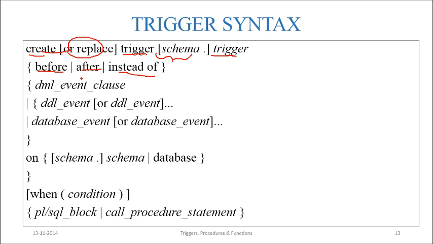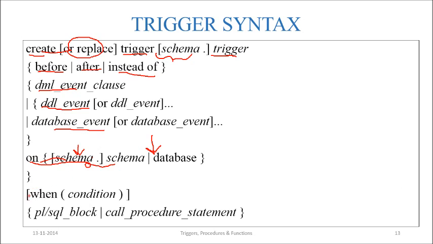Then comes the type of database related event, whether it is a DML event, that is insert, delete or update, or a DDL event, that is create or drop, or a database event, that is login or logoff. Then we need to specify on which table it occurs, and if it is in another user's schema, we mention the schema name, then a dot.